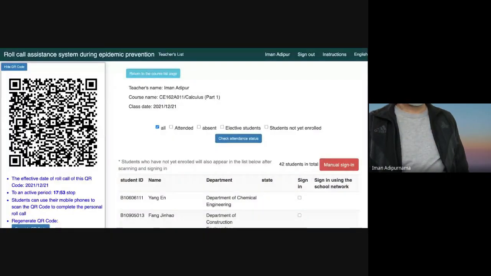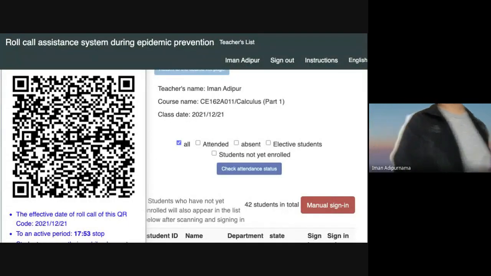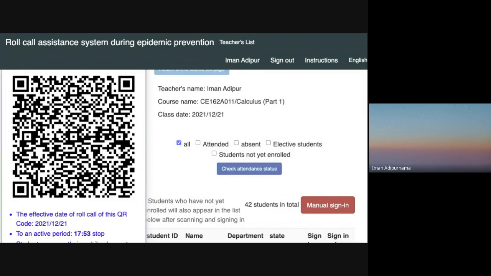Okay, check this QR code. Wait. Okay, this one. Can you use it? If you still cannot use it, then there's a problem within the system. Is it okay now?